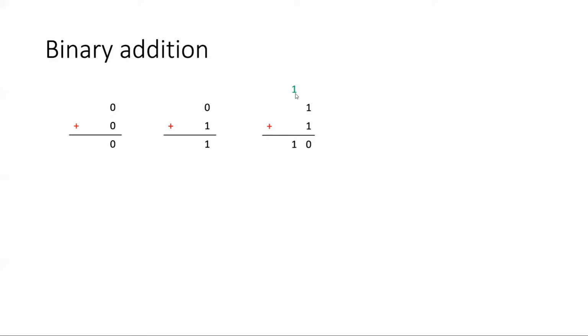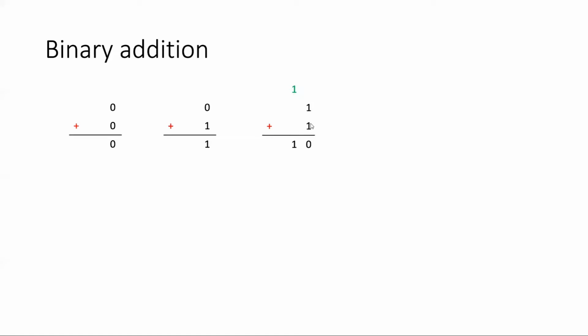Why do we have a carry of 1 and not 2? Because each time we go from a digit to the next digit, it is multiplied by 2. So we needed a 2 here, which we couldn't represent. We need to go to the next place. That place already is showing 2, so we need to divide the 2 that we had here by 2, so we get basically 1.